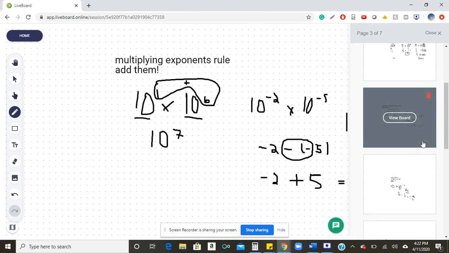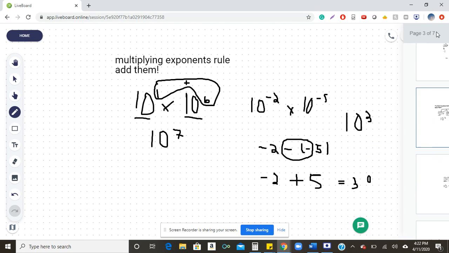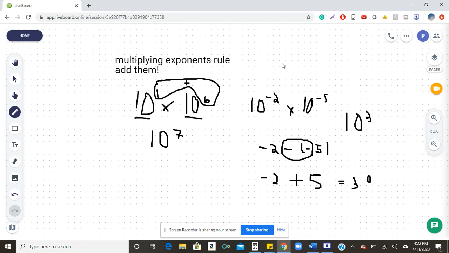So moving on, now we have the multiplying exponents rule, which is you just simply add them. If you're multiplying exponents, you just add them, but you keep the base the same.